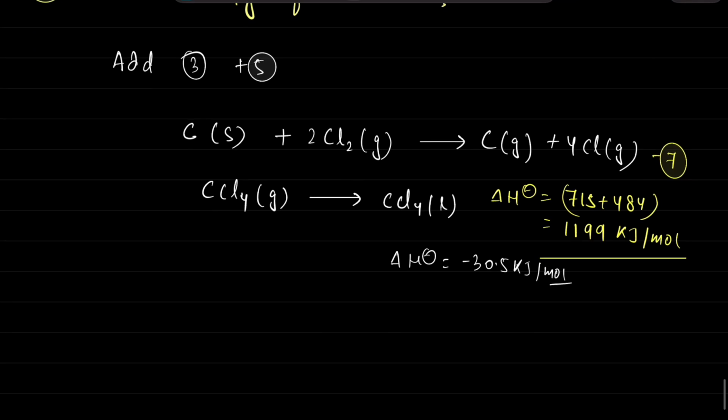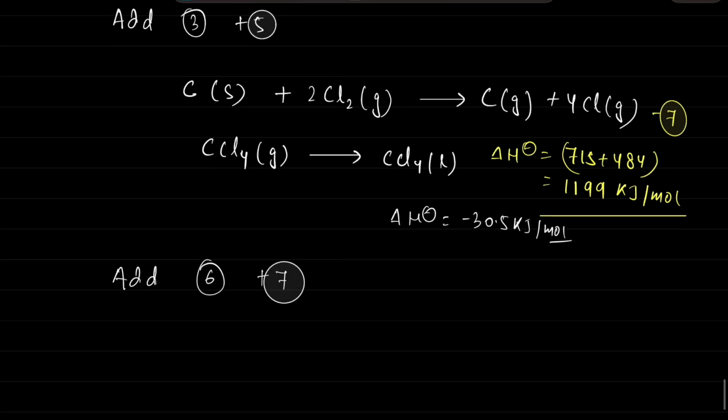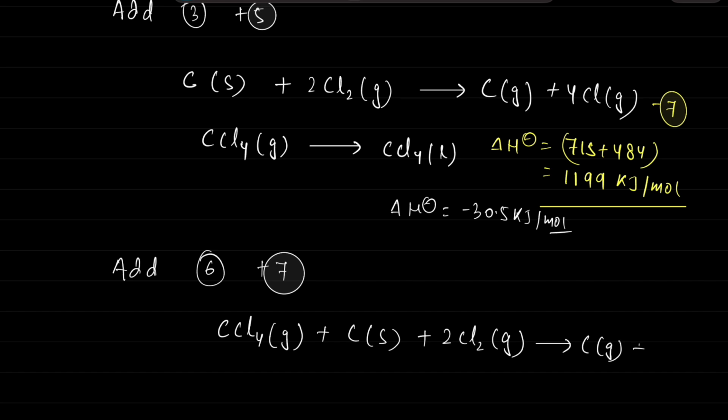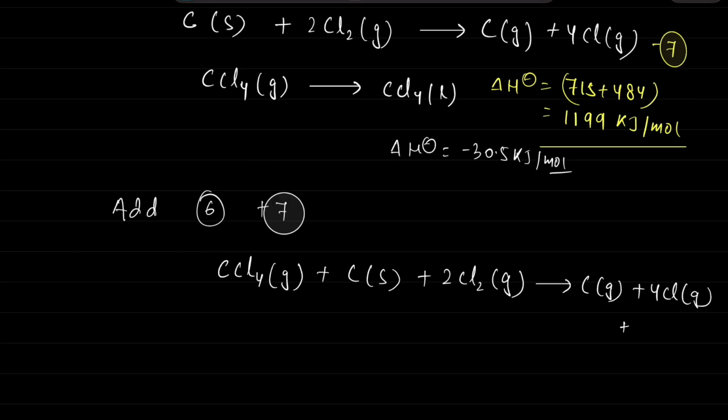Again we can add 6 and 7. It is equal to CCl4 gaseous state plus carbon solid state plus 2Cl2 gaseous state, going to C gaseous state and 4Cl again gaseous state plus CCl4 in the liquid state.